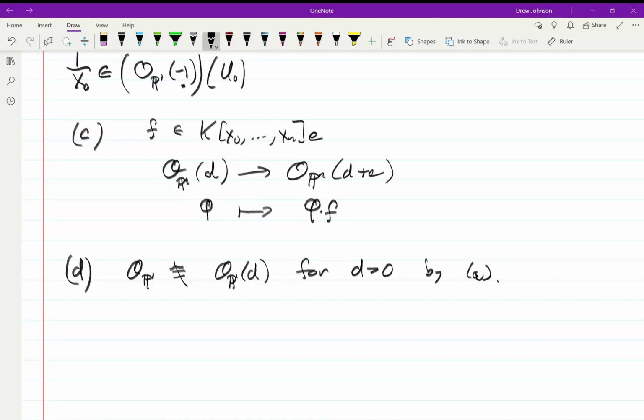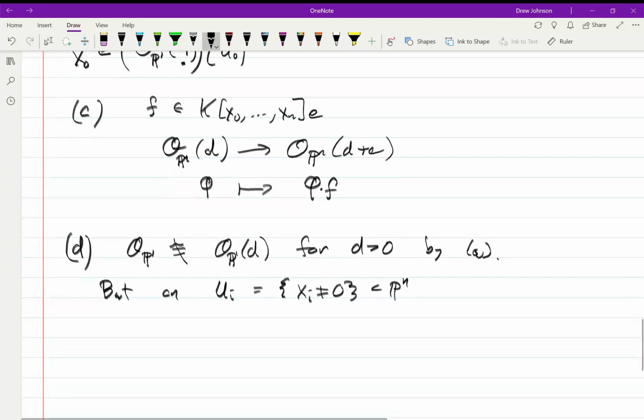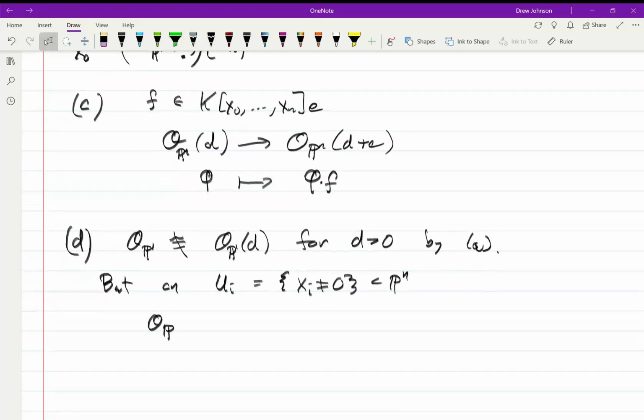Okay, but here's the interesting thing. On U_i, remember U_i is the standard open set on Pn where x_i is not equal to 0, they are isomorphic. So if we take the structure sheaf, this works for Pn, let me change it to Pn.